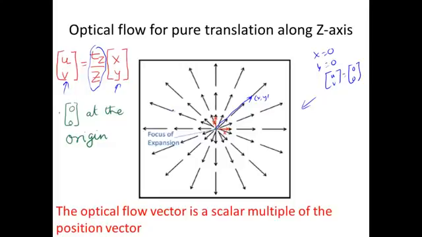So at this location here (x, y), the position vector is going to be like this. So the optical flow vector is a scaled copy of that. The scaling factor being given by Tz upon Z.